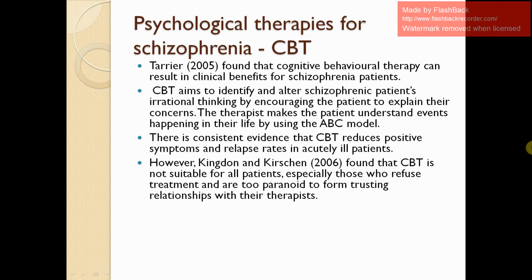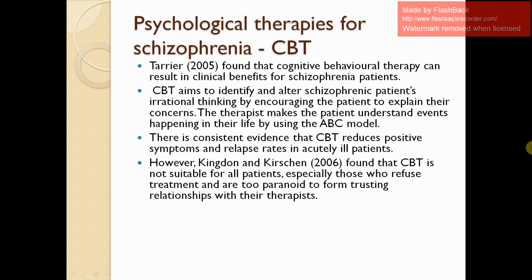Psychological therapies for schizophrenia (CBT). Tarrier 2005 found that cognitive behavioral therapy (CBT) can result in clinical benefits for schizophrenia patients. CBT aims to identify and alter schizophrenic patients' irrational thinking by encouraging the patient to explain their concerns.